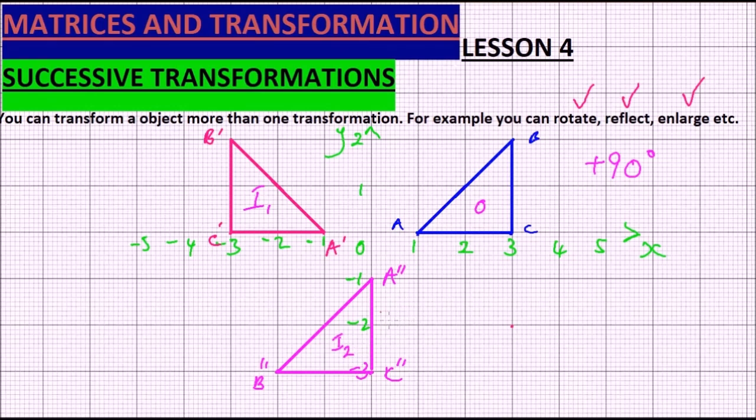And then we are going to do our other transformation, whereby we are going to enlarge this. Our enlargement factor is minus 1.5, and our center of enlargement, let's take (0, minus 1). Let's see what happens to our second image after we enlarge it through enlargement factor minus 1.5 and center of enlargement (0, minus 1).